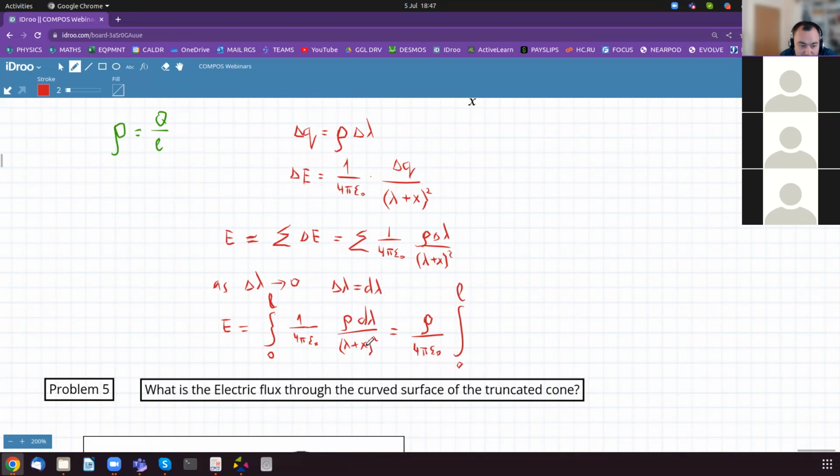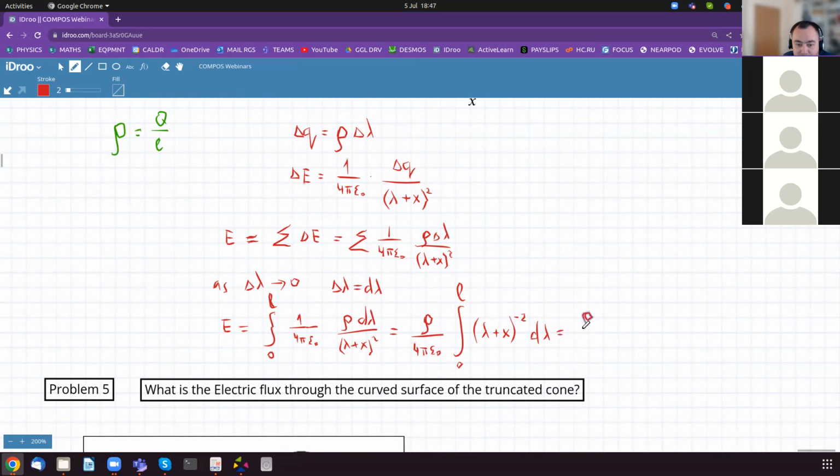Now, this is not going to be a logarithm. It's going to be a power of x. So I'm going to write it like this: lambda plus x to the power minus 2 d lambda.